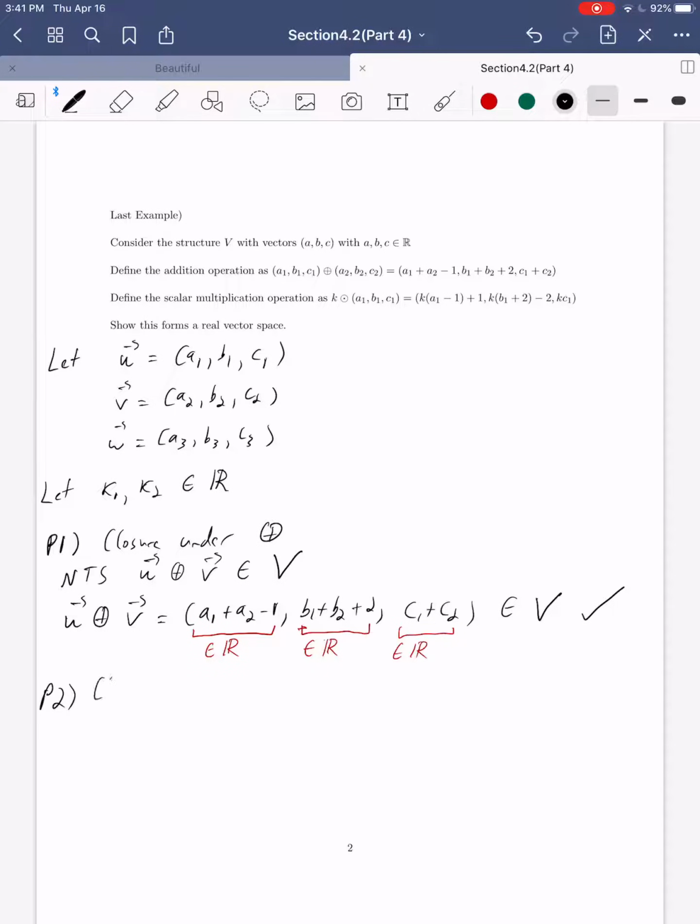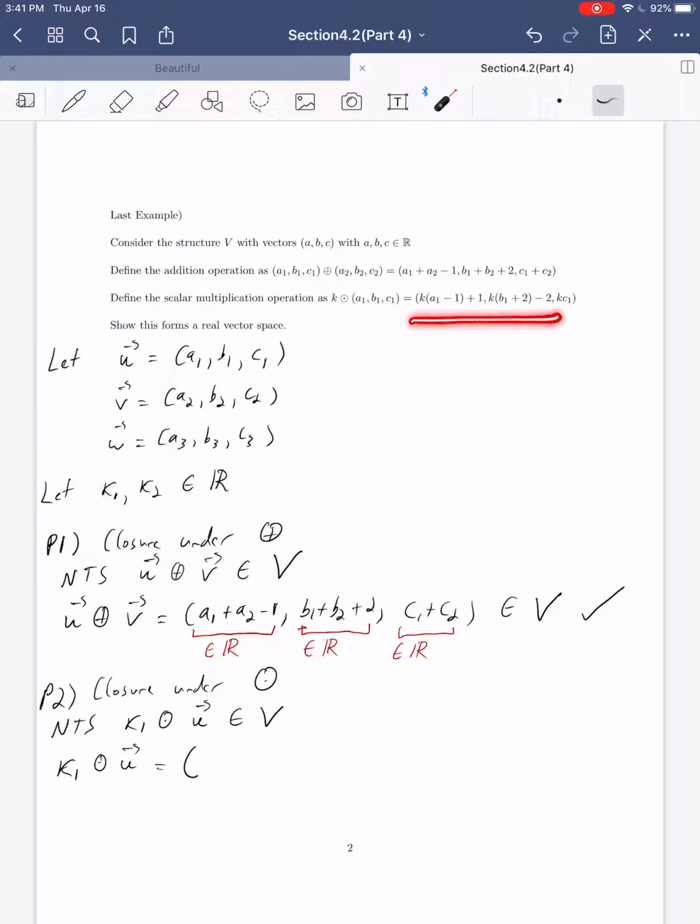Same thing, let's go ahead and do the closure under the scalar multiplication. So we need to show that if we do k1 scalar multiplied with u, that we will remain in our vector space. So let's talk about what k1 with u is going to look like. We're going to be using this definition.